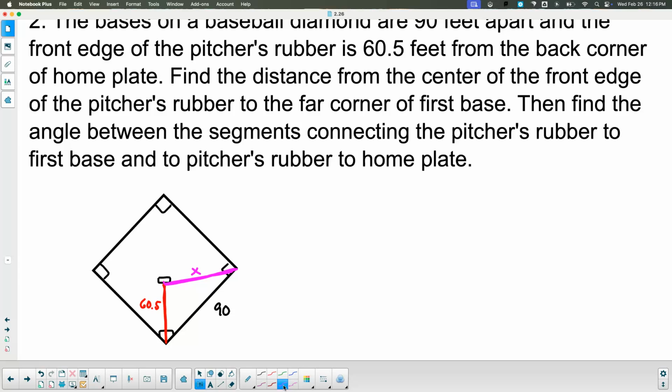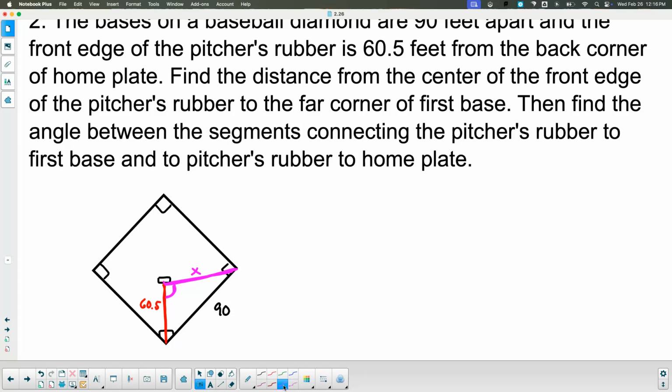The second question it's asking you to find is that angle right there. Okay? How many pieces of the triangle were we given? Only 2, right? How many do we need? We need 3.